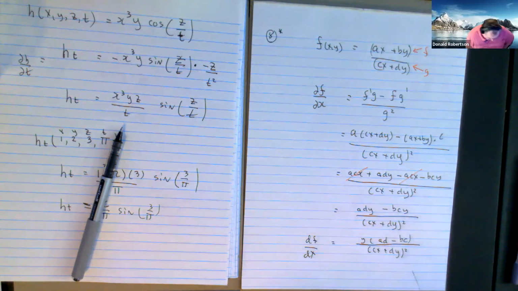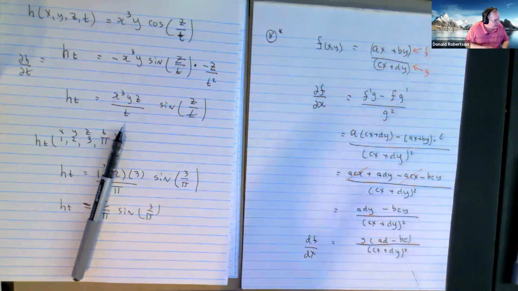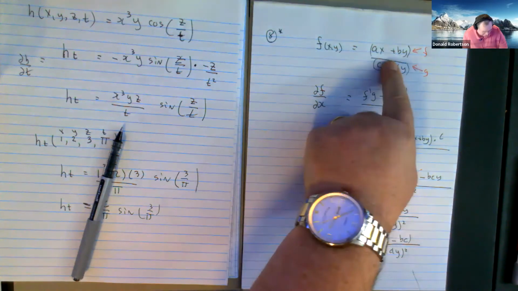Just because I'm looking at it right now. If you get a very special situation, but can you imagine AD take away BC is 0? Can you imagine certain combinations of A, B, C, and D that would be true, right? Can you imagine that happened? If that was the case, wouldn't this partial derivative be 0?